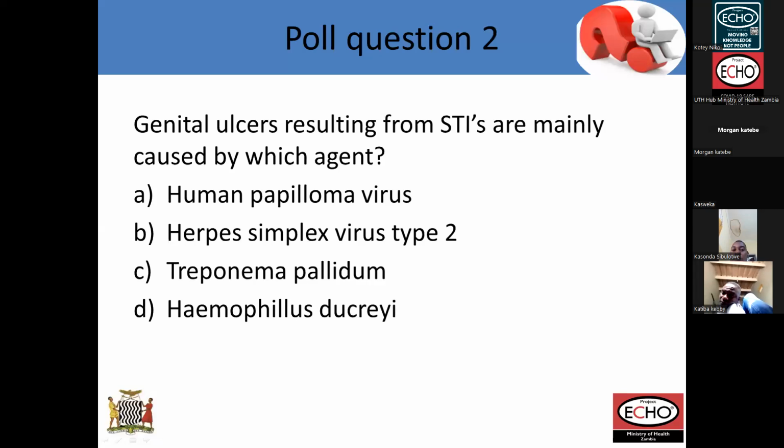Human papillomavirus doesn't cause ulcerations, it causes a growth, a bump, like we saw in one of the last slides on genital warts. It was between HSV2 and Treponema pallidum for syphilis, but herpes simplex is the most common cause of genital ulcers currently.